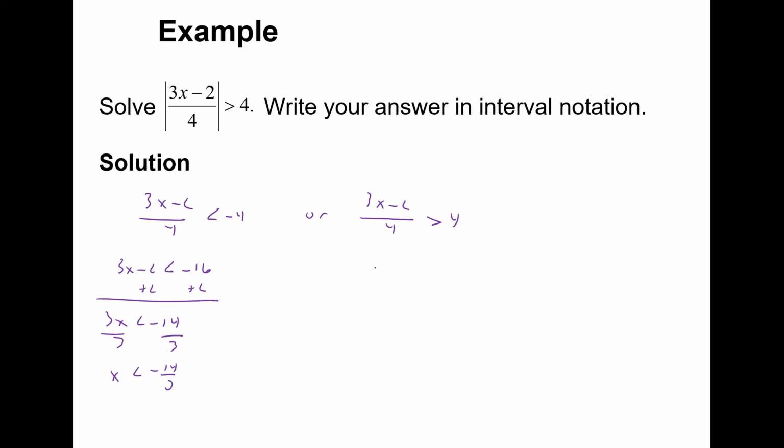Here, multiply by 4, so we have 3x minus 2 greater than 16. Add 2. Did I add 2? Yeah, okay. Oh, okay, I'm seeing what I'm doing wrong. And so 3x is greater than 18, x is greater than 6. And so we have from negative infinity to negative 14 thirds union 6 to infinity.